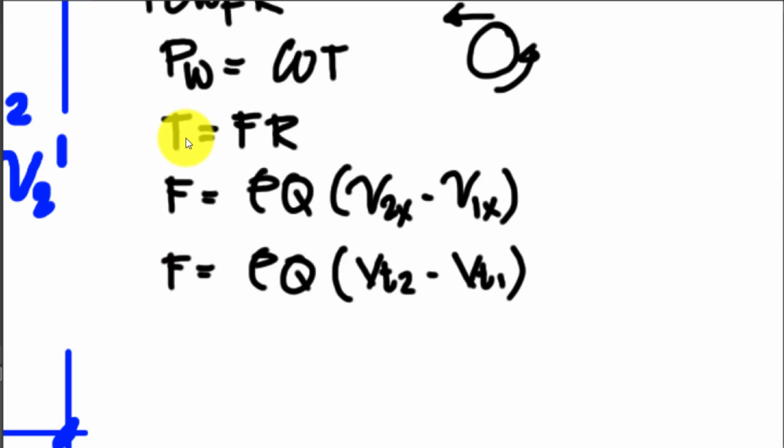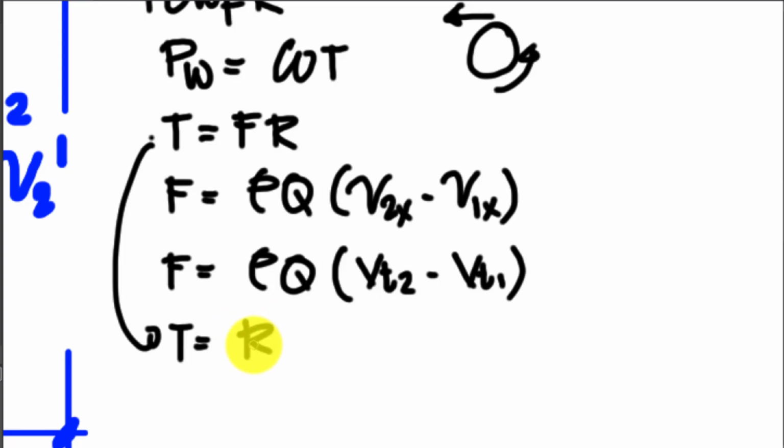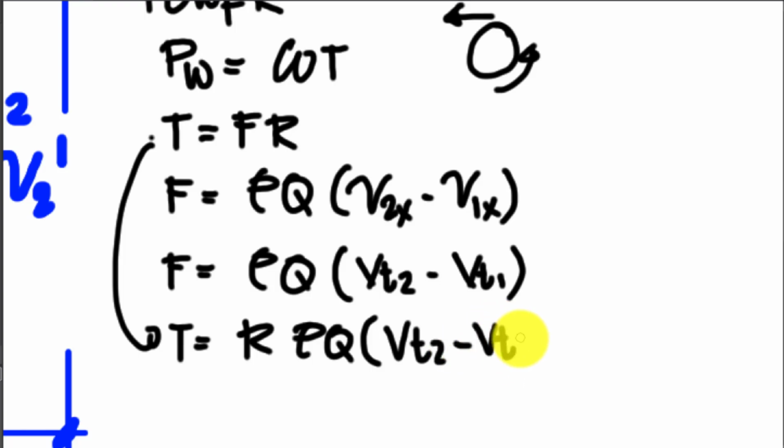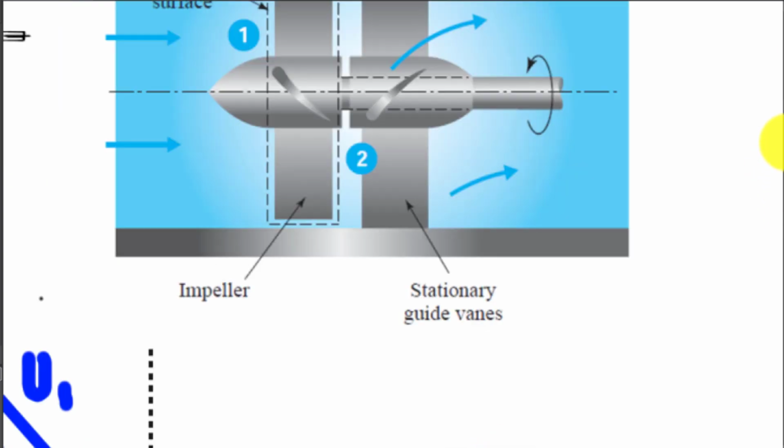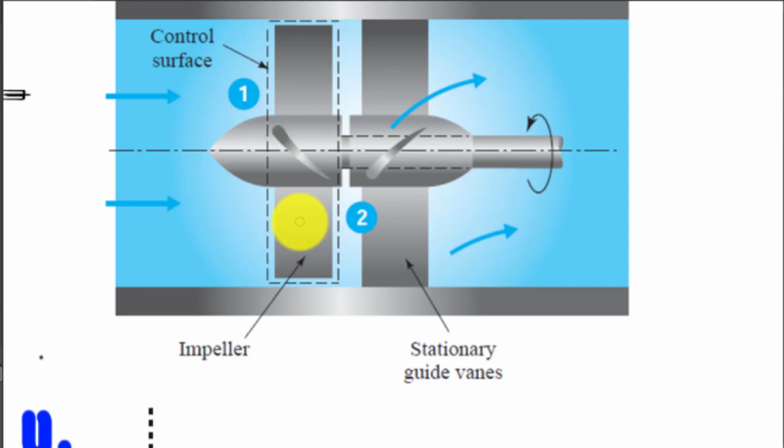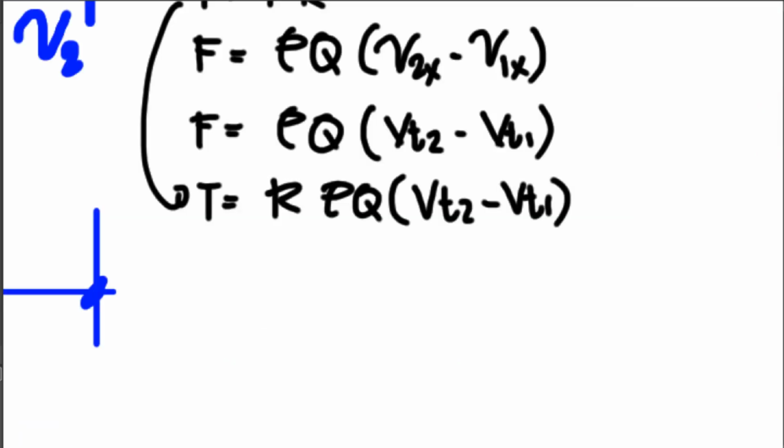Now, substituting this to your torque, we have the torque equal to the radius multiplied by my density, volume flow rate, and we have V_t2 and V_t1. Now, since we have the location, the diameter, we have your inside and outside diameter, so we can change this one in your torque by distributing it.